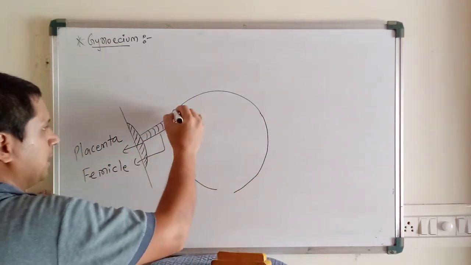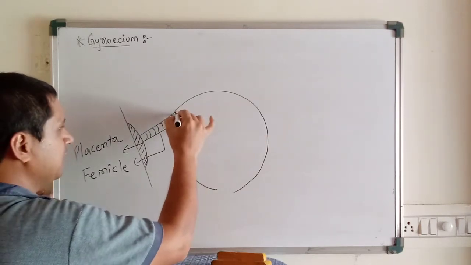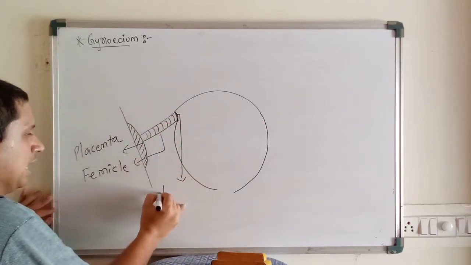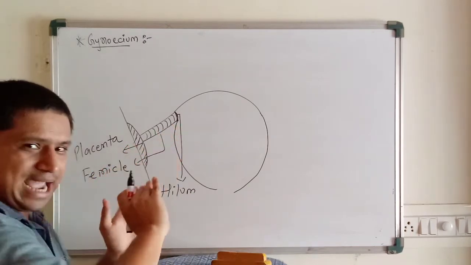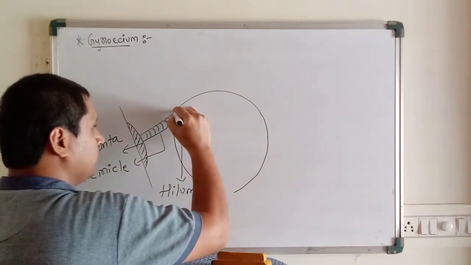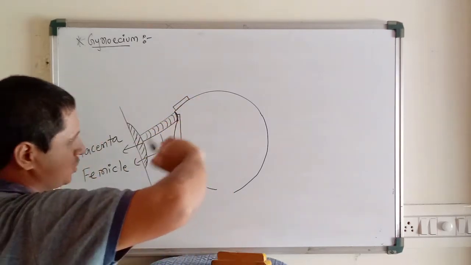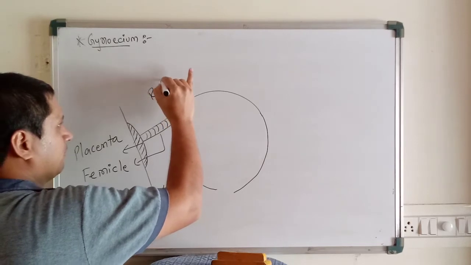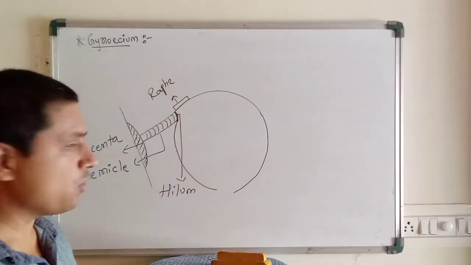Now, the part of the funicle which is attached to the body is known as the hilum. And the part which is extending, that is this part, is known as the raphe. It is known as what? Raphe. Okay, children?